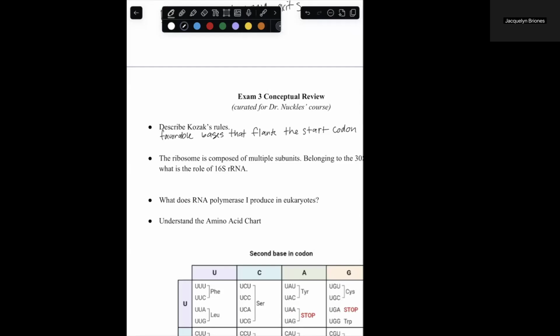So we usually have a guanine at the +4, and then we have a purine, which can be A or G, at the -3 position.